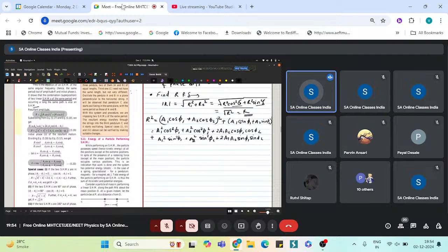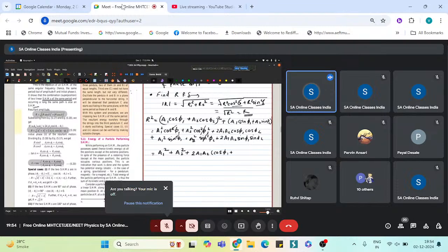So we'll just open these brackets, and now you can easily see what is going to happen: cos square phi 1 plus sine square phi 1 is going to be 1, and we are then just left with a1 square. Same thing here, and we will be left with a2 square. And now we have 2a1 a2 into cos phi 1 cos phi 2 plus sine phi 1 sine phi 2.